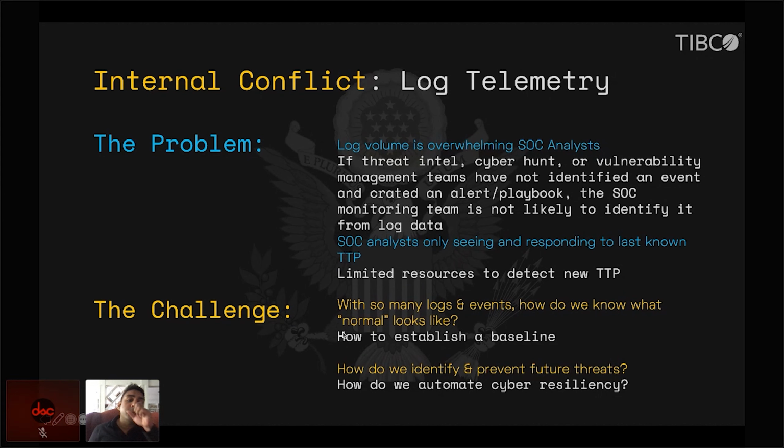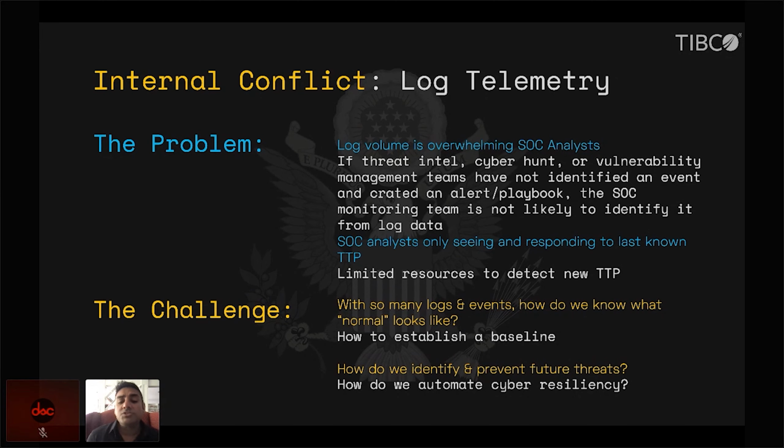The second component of the problem is SOC analysts are only responding to the last TTP, meaning the last technique, the last indicator of compromise, the last thing that they have seen. They're storing them, they have playbooks assigned to them, but as the baseline changes, as the anomalies become more sophisticated, it's difficult for the SOCs to have anything but a reactionary response.